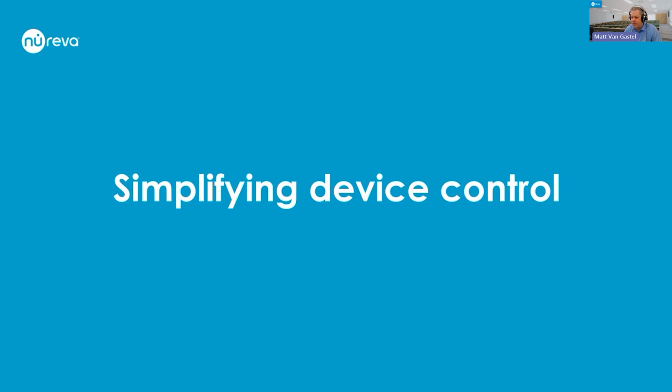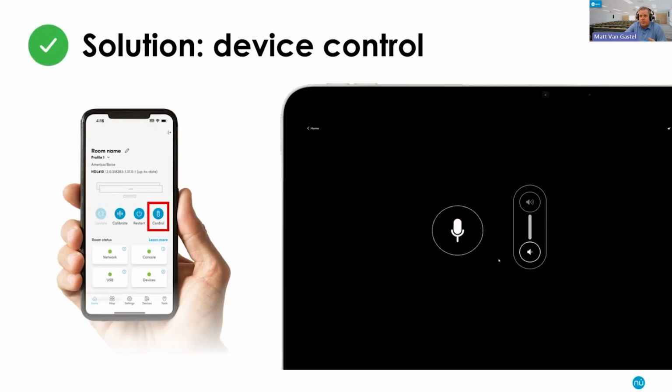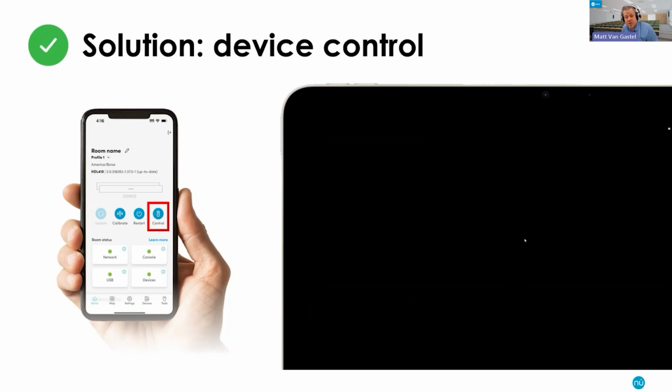Now, the last thing that I'm going to touch on here, because as I mentioned, this is a bit of a shorter webinar today, simplifying device control. This is a new feature, really, really slick too. What we've allowed you to do is effectively control these live sessions through the control feature of the Nureva app itself. If you don't have the Nureva app, you should get the Nureva app. Why don't you have the Nureva app? You can do acoustic checks with it too.